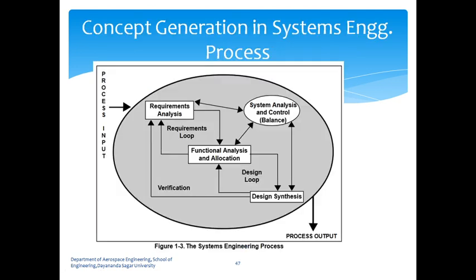This is the overall system engineering process. As we discussed, requirement analysis is the first part, the second part is the functional analysis, and the third part is the design. Generally we can't go directly from the requirements analysis to the design.